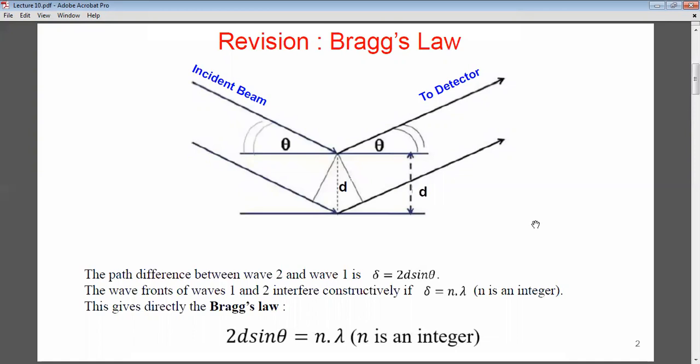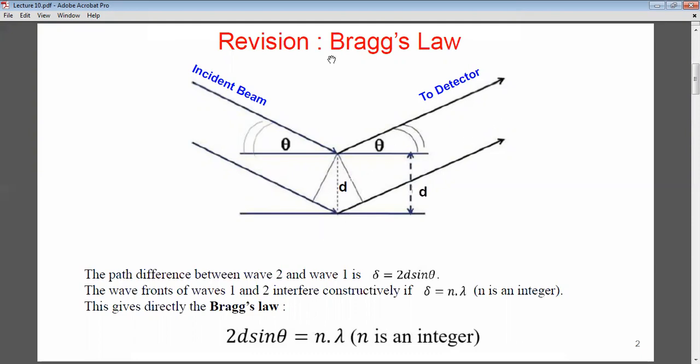So we agreed last time that Bragg's condition is found if, Bragg imagined that a crystal is made of parallel planes, okay? And if there are incident beams hitting the planes, they will be reflected with the same angle.